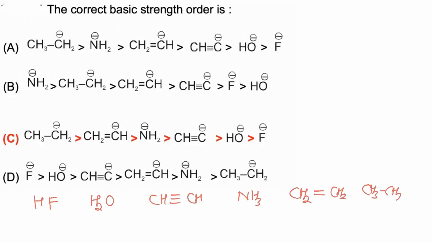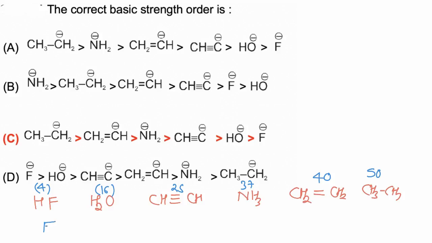and if we compare their acidic strength, now HF has a pKa value of approximately 4, H2O approximately 16, alkyne 25, ammonia almost 37, alkene 40, and alkane approximately 50. So if an acid is strong, then its conjugate base will be weakest.